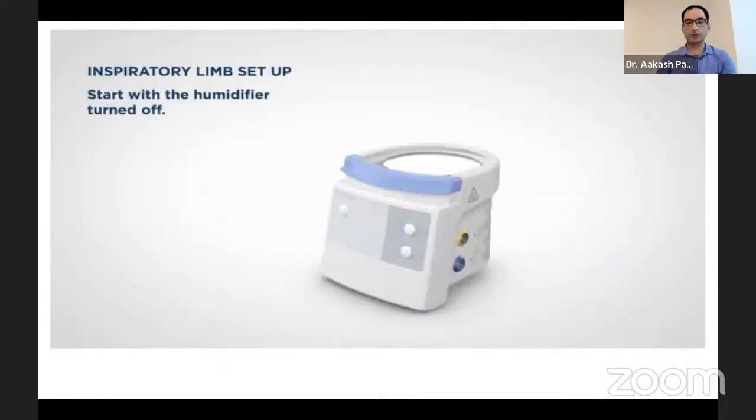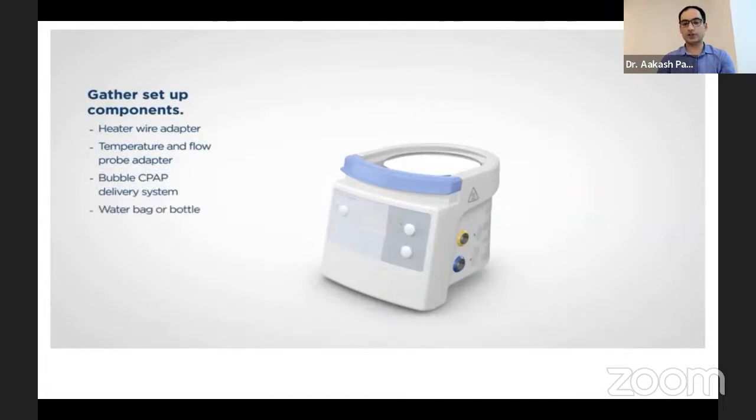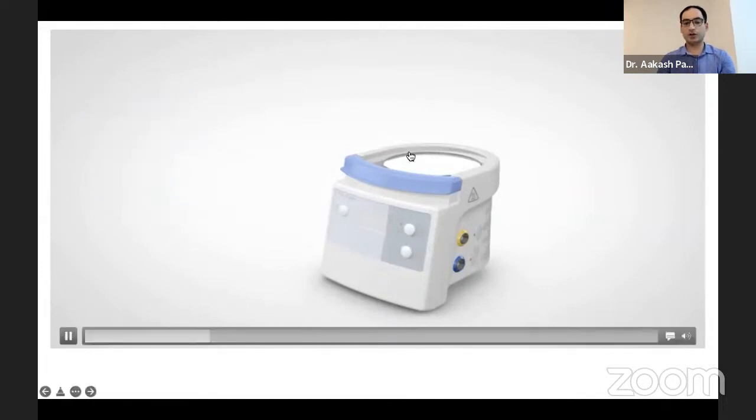Now, how to start the CPAP system: first, we start with the humidifier. This is the auto controlled humidifier, which automatically regulates the temperature. This is the heater plate on the top, which is silver plated, and this is the finger guard.